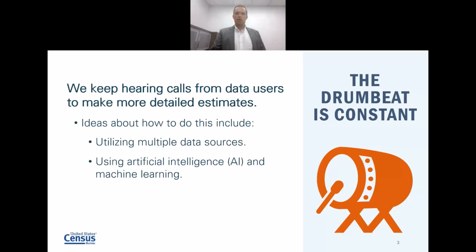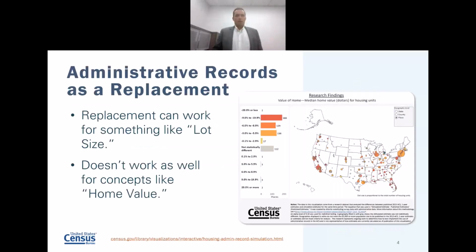One project I worked on where we tried blending administrative records, or housing records, was on the American Community Survey, where we essentially replaced survey responses with data you'd get about housing records from counties or from commercial vendors.